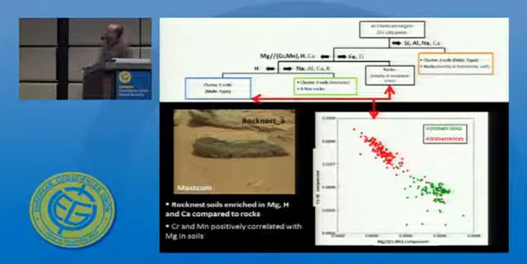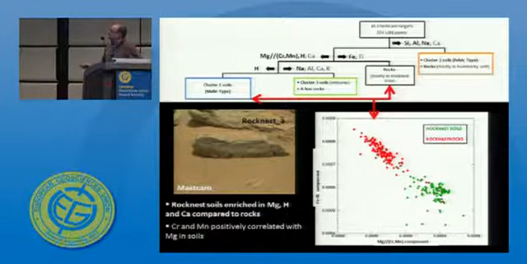So to compare rocks and soil in the Rocknest area, as I told you, we see a clear difference between soils and rocks. The rocks are more iron and titanium rich, against soils that are much more hydrogen and magnesium rich.